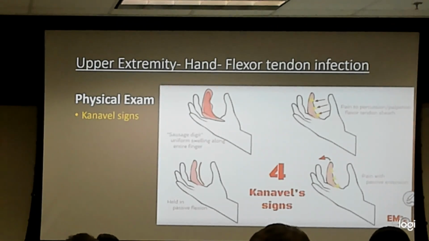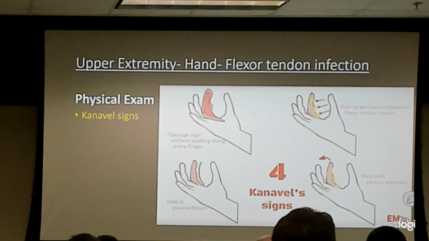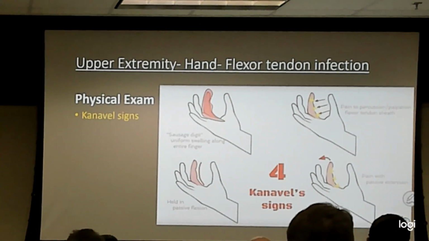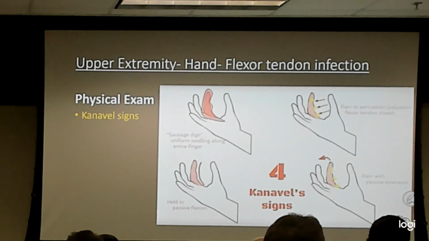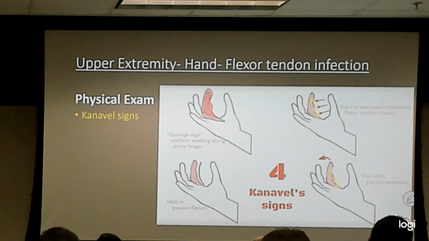They'll move your hand, they'll move you. When they're in the resting position, they want that tendon to be resting, so their finger will be in a rested position when you come into the room. And if you take it from that position and try to extend it, they will again take their hand from your hand. They'll make you stop. Those are the Kanavel signs.